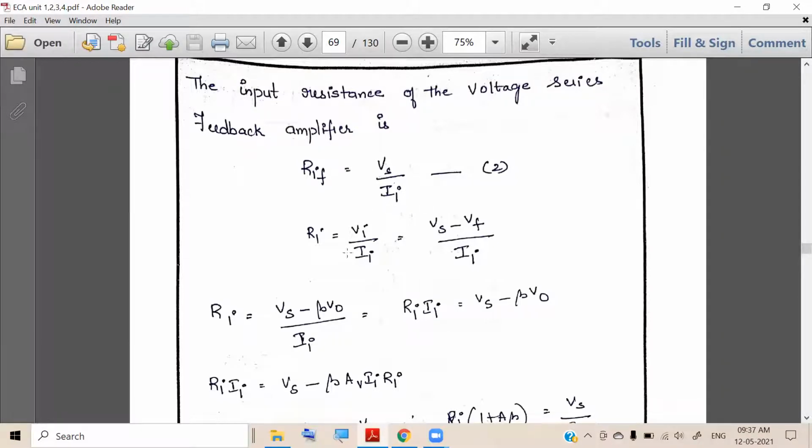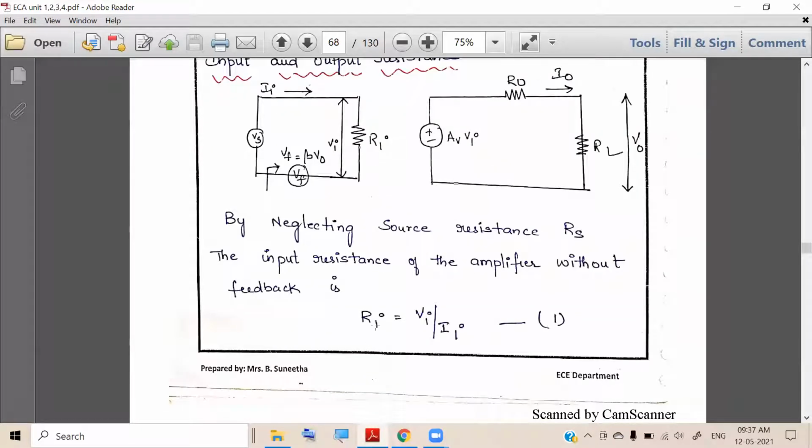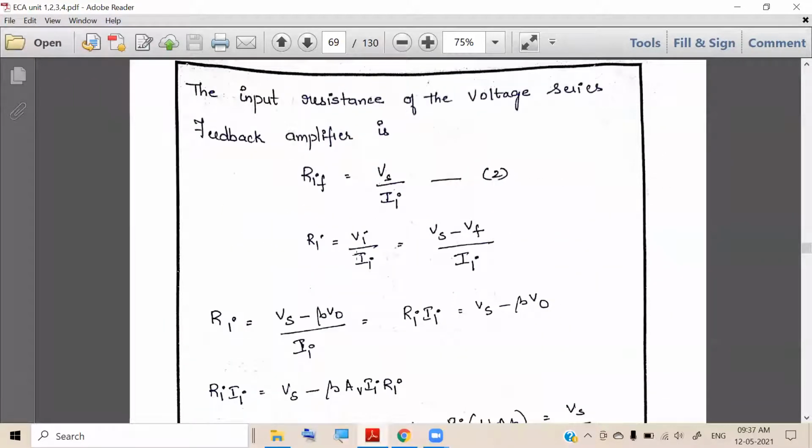Now, Ri, input resistance, is Vi by Ii. That as it is we are taking, and again we are considering negative feedback, so Vi we can write as Vs minus Vf.